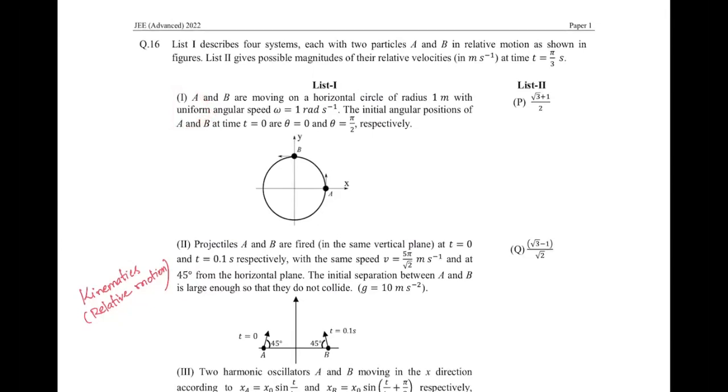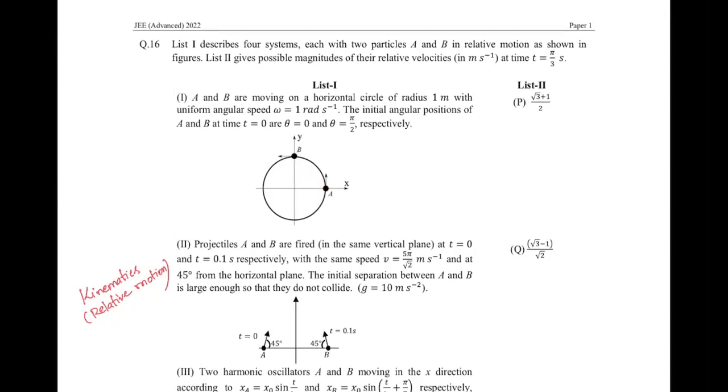So velocity of A and B direction will keep on changing, but their magnitudes are going to be same throughout. And since A and B are both moving uniformly with the same angular speed, at any point in time, the separation between A and B will always be the same. That separation will never change. So the magnitude of relative velocity is not going to change at all with time in the first case.